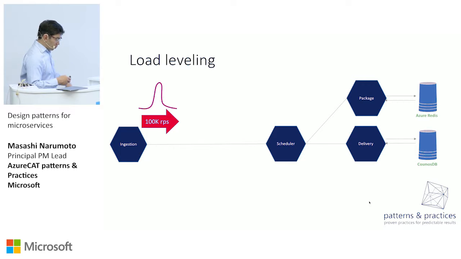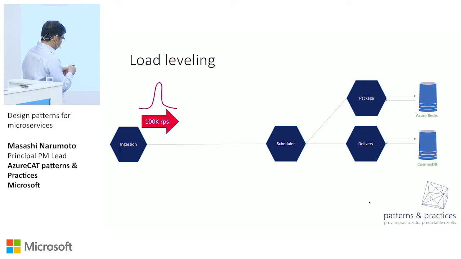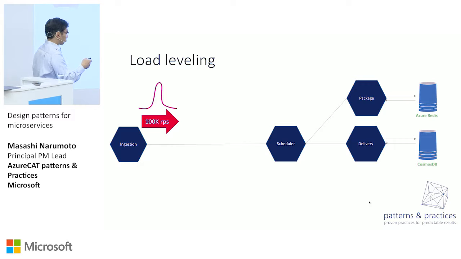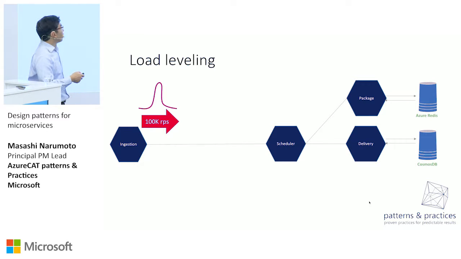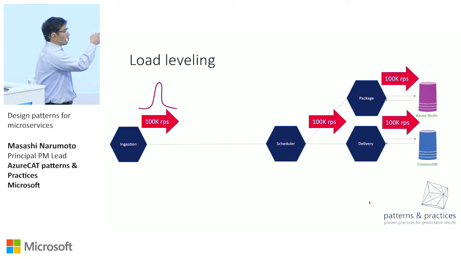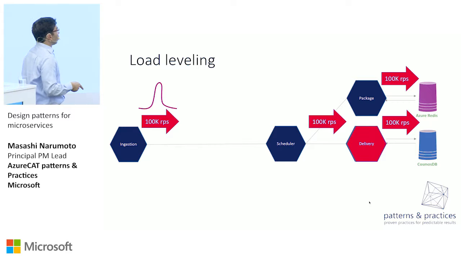Load leveling. Let's make this the final pattern. So here's the potential issue. You may see a spike of load coming, right? So let's say 100K requests per second. This is what we are dealing with. And if you do nothing, this spike goes into the cluster and eventually overwhelms one of the backend storages or services, because we did not design everything for 100K requests per second, right?